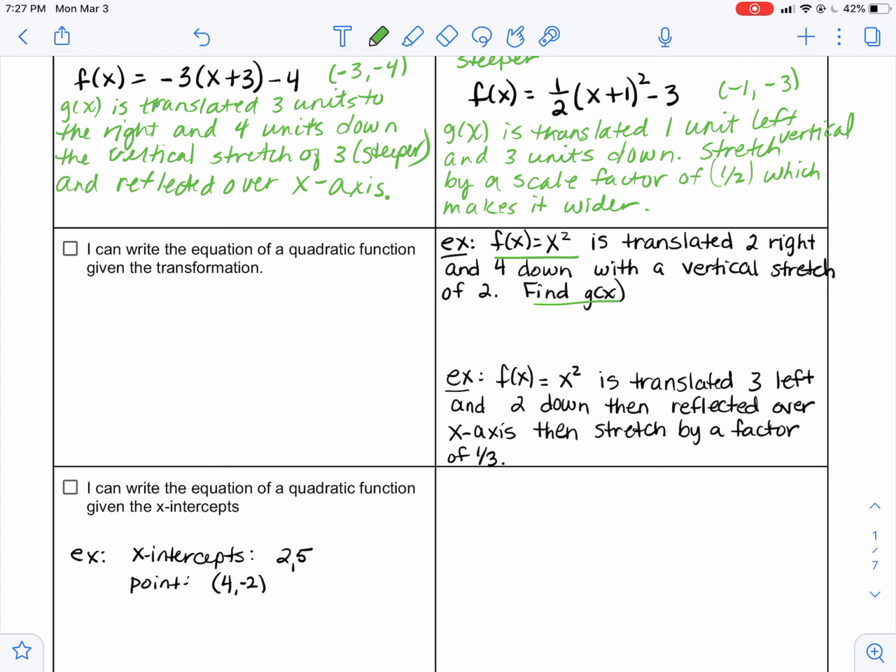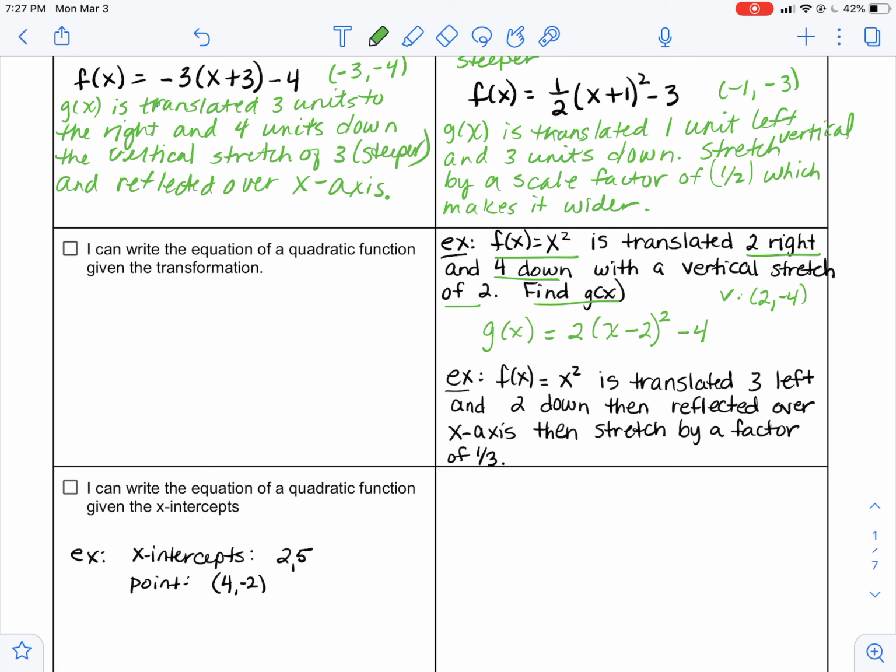So we went 2 to the right, which would be minus 2 squared, 4 down, and a vertical stretch of 2 would put a 2 out in front. So again, you can think of it as my vertex being (2, -4).